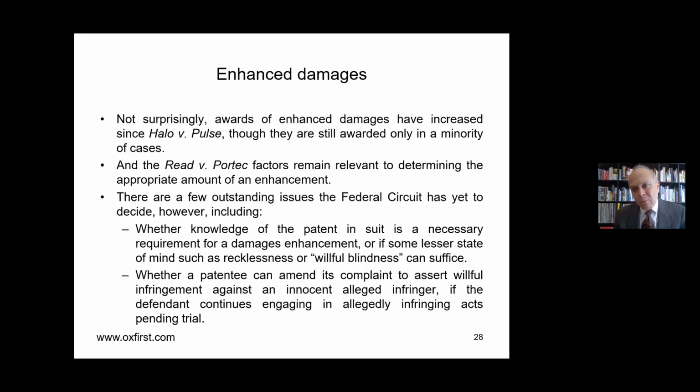Based on my review of the cases, I would say that most of the lower courts have concluded that post-filing conduct can serve as a basis for a finding of willful infringement. But some courts, particularly in the District of Delaware, will require the patent owner to file an amended complaint, since you can't allege anything about post-filing conduct when you file your initial complaint.